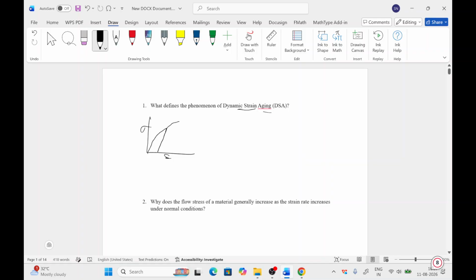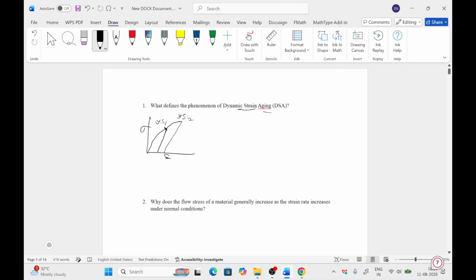This is the yield point initially, but after aging, the yield strength appears at a higher stress. And if we further increase the aging time, the yield strength also increases.